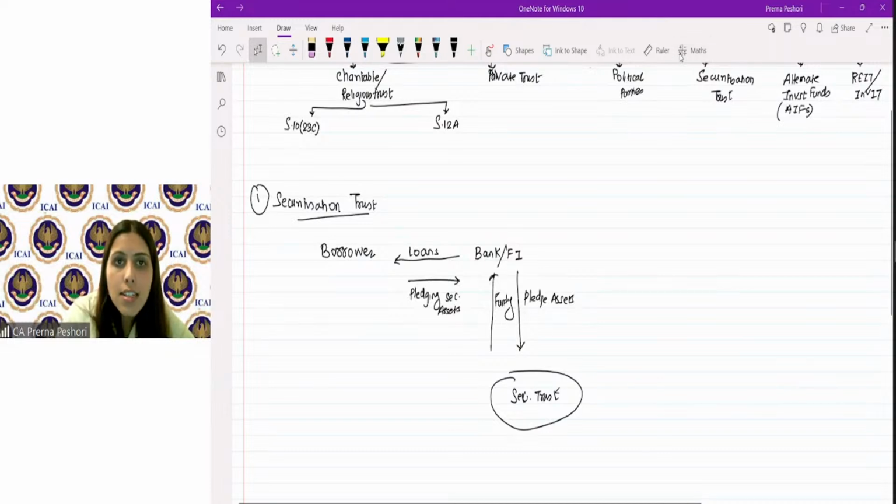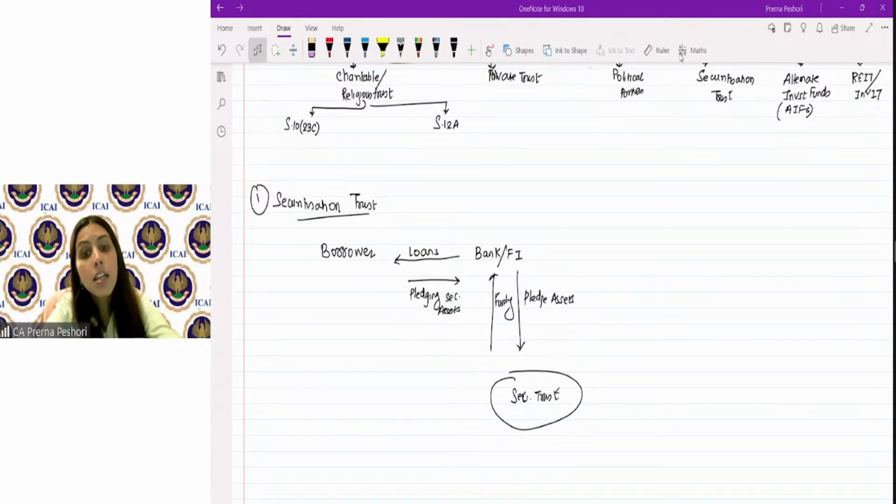Securitization trusts are operating for a specific purpose in relation to the assets being held.